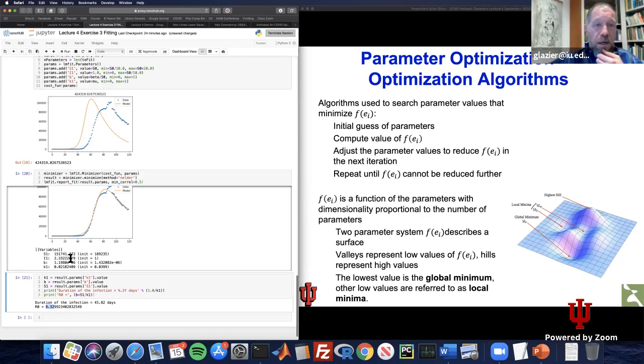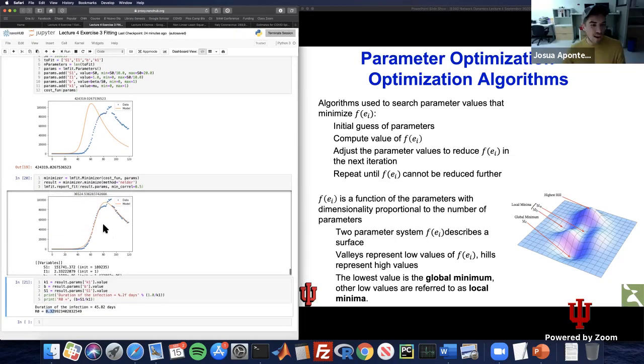I think the R naught is off because it's coming up with the duration of infection being very long, which means mu is small, and since our beta is turned into R naught by dividing by mu, if your recovery time is off, then you'll get an R naught that's too big. But it's actually fitting the data quite well.